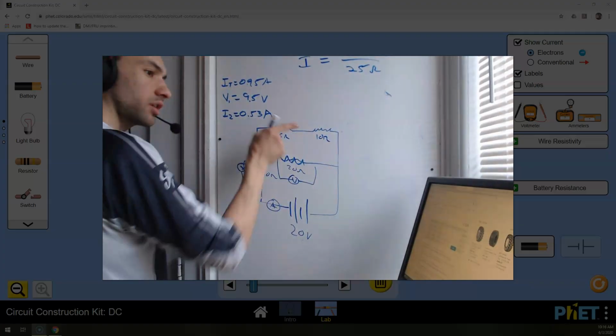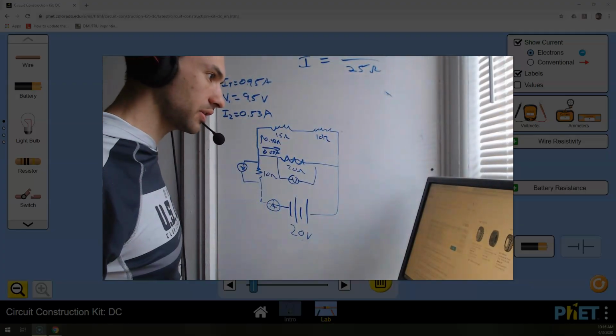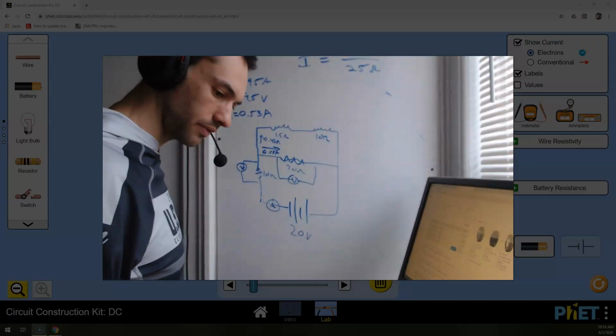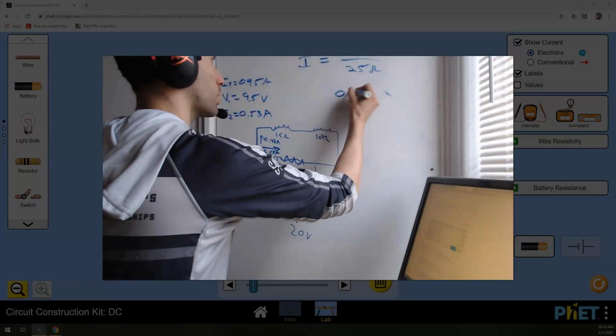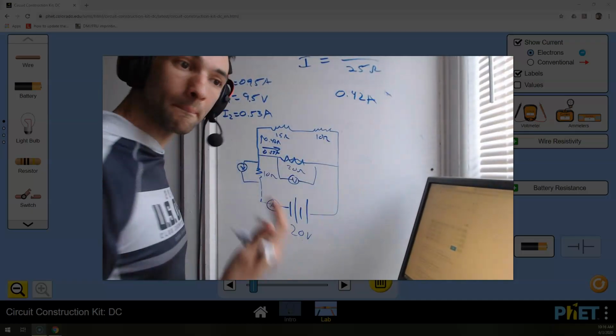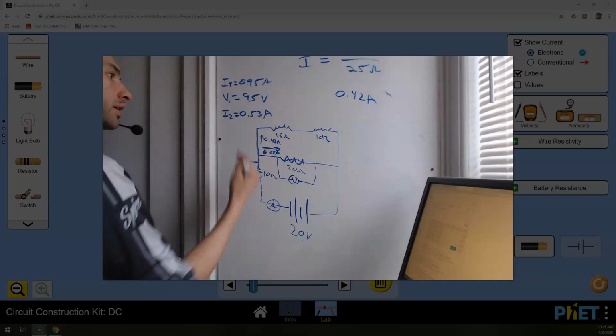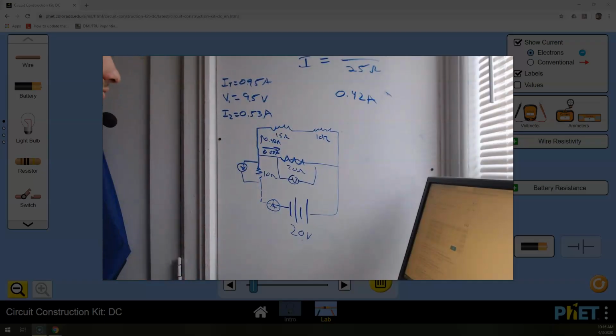And let's find what the current is that way using a different method. So I take my 10.5 volts and I divide by 25, and I get 0.42 amps. So no matter what method we use, we found 0.42 amps goes that way.